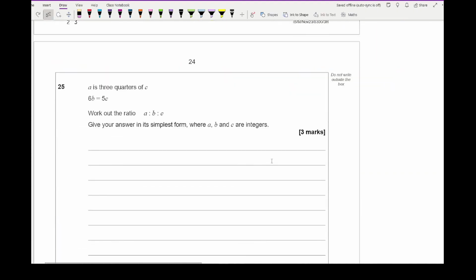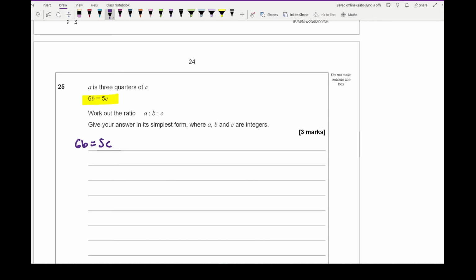Then moving on to question 25, it says that A is 3/4 of C and 6B is equal to 5C. Work out the ratio of A to B to C. Give your answer in the simplest form where A, B and C are integers. Now using this bit of information here, we've got 6B is equal to 5C, and to convert equations into ratios we need to write both sides as fractions.